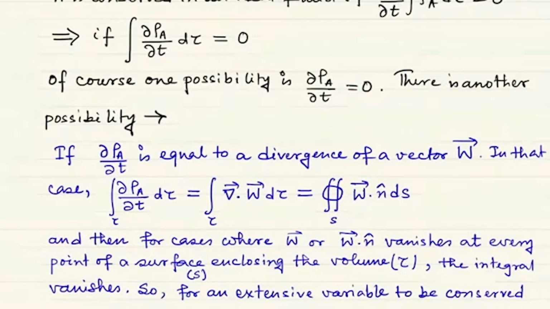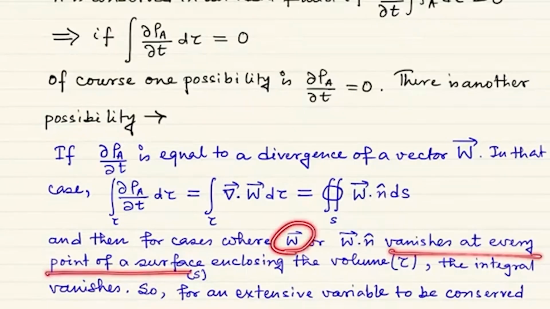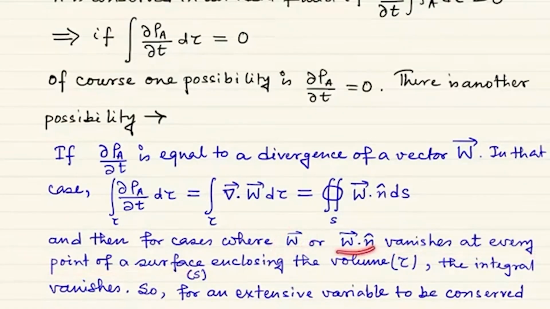We can take the surface extending to infinity, so that at every point on the surface, either w itself vectorially or the w·n vanishes, and finally we will have this equal to 0.